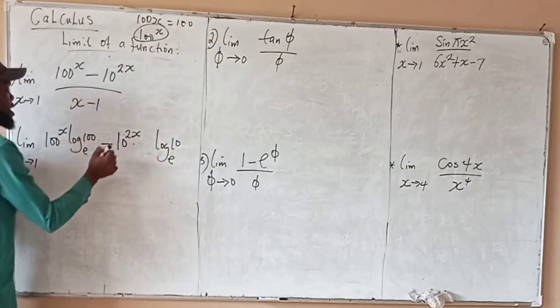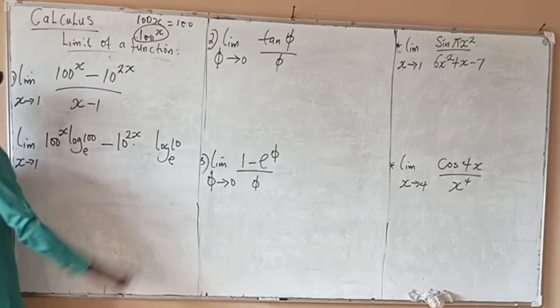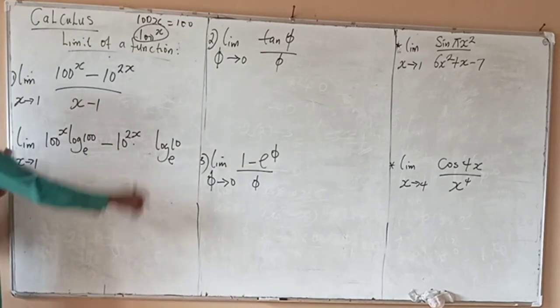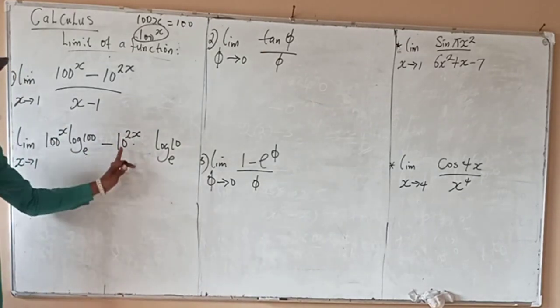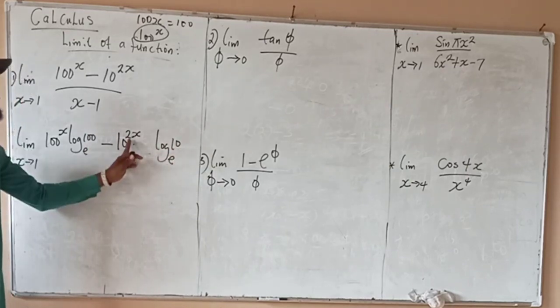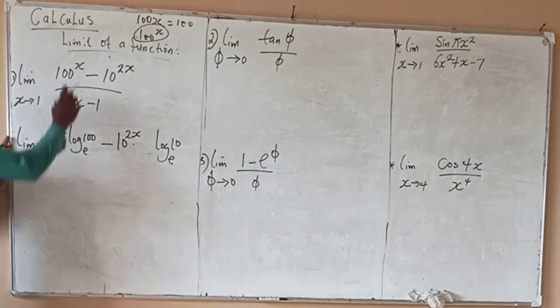But what I'm going to do here is you have to multiply this log of the base to base e by the derivative of the power. That is the only difference between this and this. Remember, this power is just x.